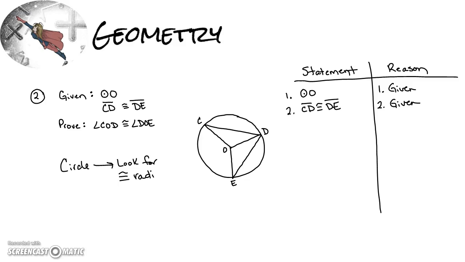Radii will always be congruent in a circle, so that's the key thing that the circle helps us with. So I'll mark given number 2, which was that CD was congruent to DE. So that was already given to me.